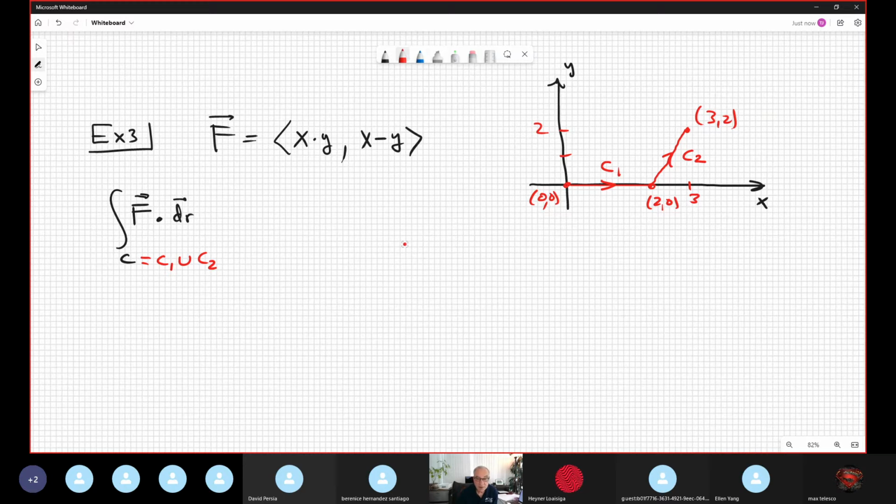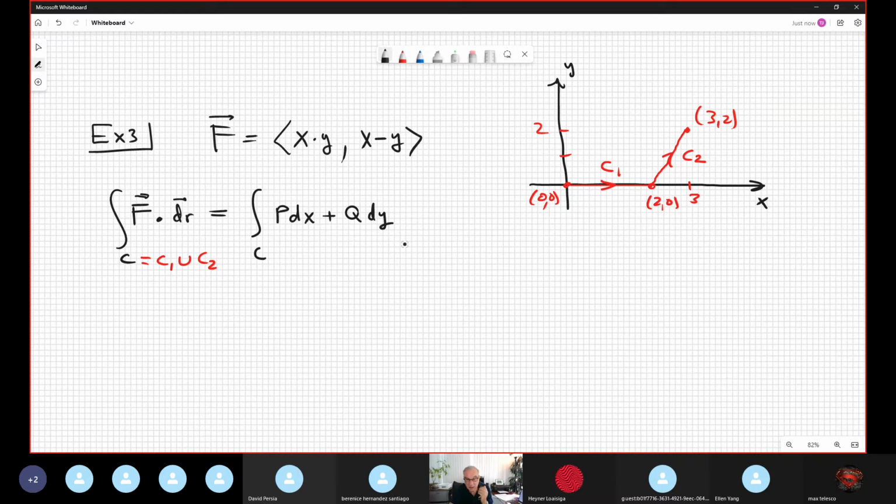So what should I do? We apply the same formula. I prefer using this formula, P dx plus Q dy, because it's a segment of a line. If it were a semicircle, you would do the classical parameterization with cosine and sine.